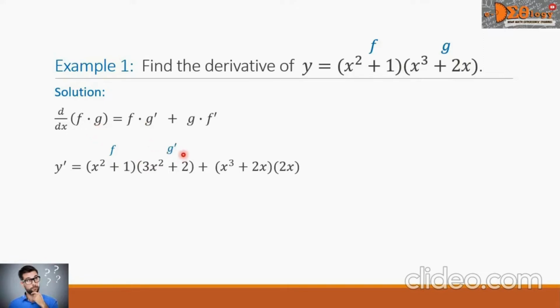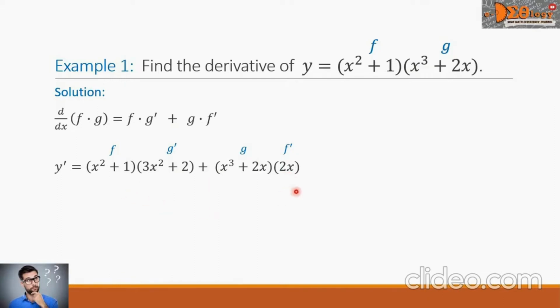So this is the g prime, and we have here 3x squared plus 2. Then plus, we write the g, that is the second function. So we have here the x cubed plus 2x. Then multiply by the derivative of the first function. So we have here 2x.